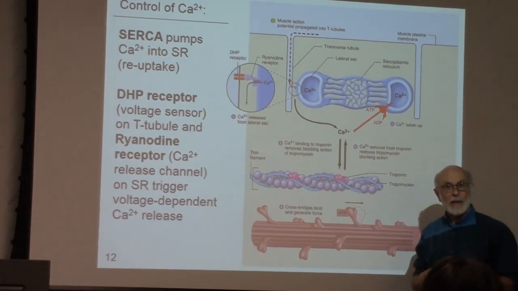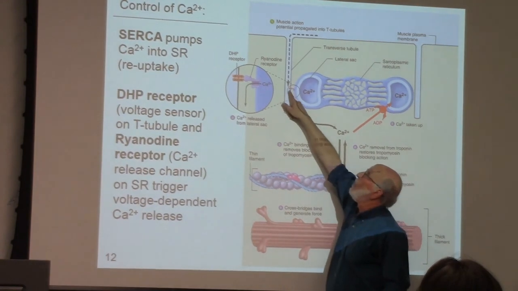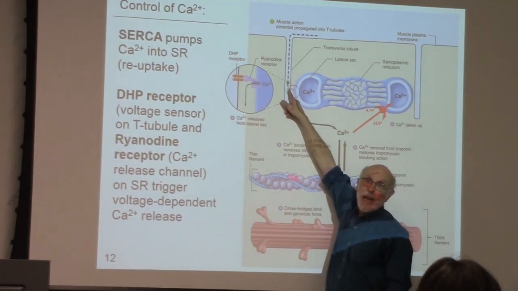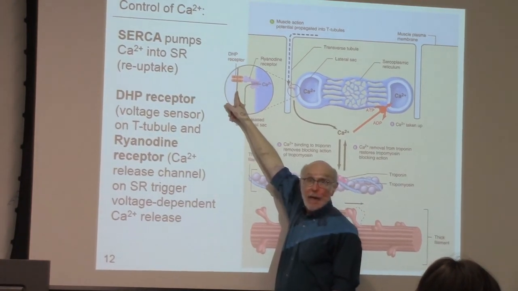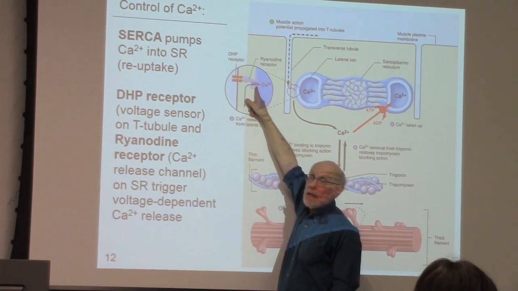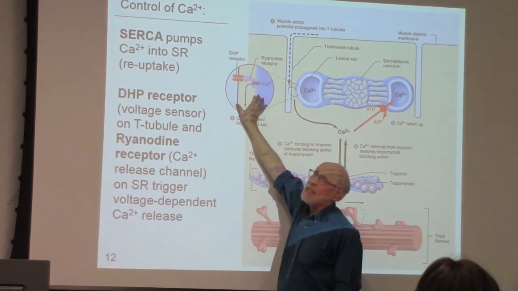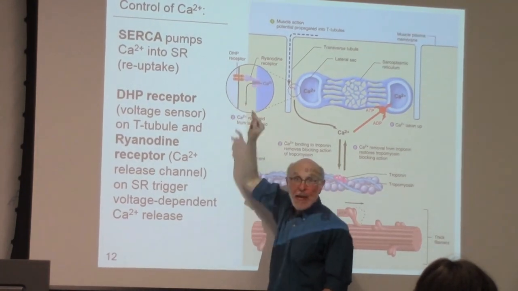Now we're telling the story of that sequence. The voltage sensor, or DHP receptor, is in the T-tubule membrane, and the ryanodine receptor, calcium release channel, is in the SR membrane. They are very close. In skeletal muscle, these are physically connected to each other.